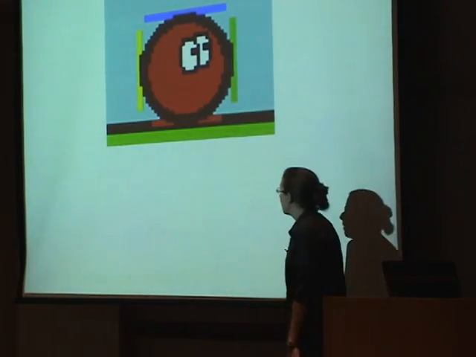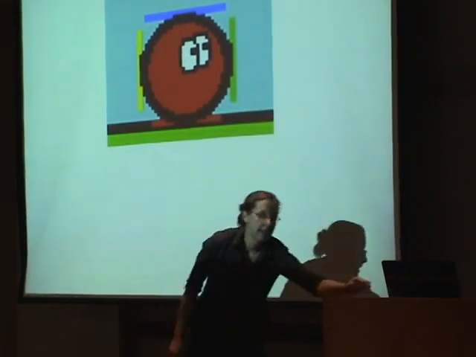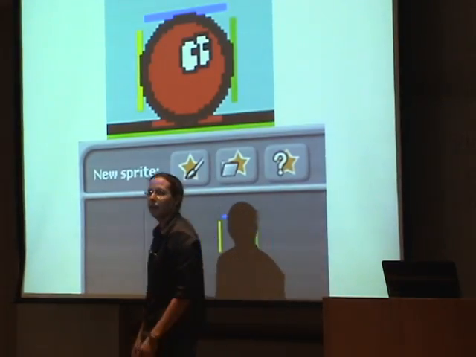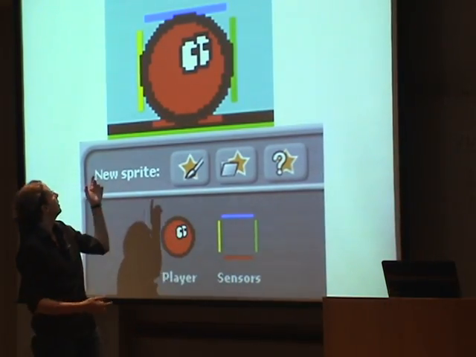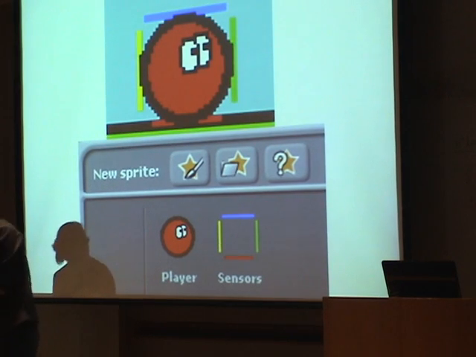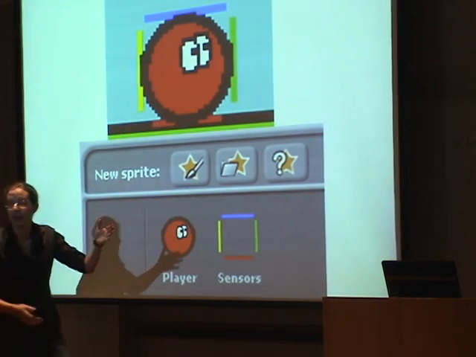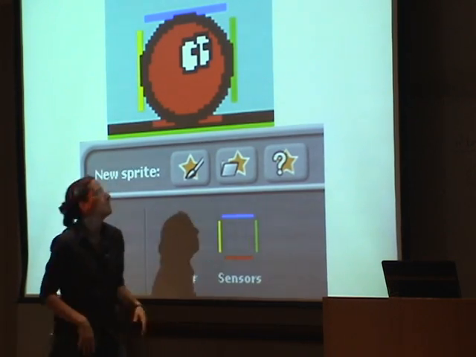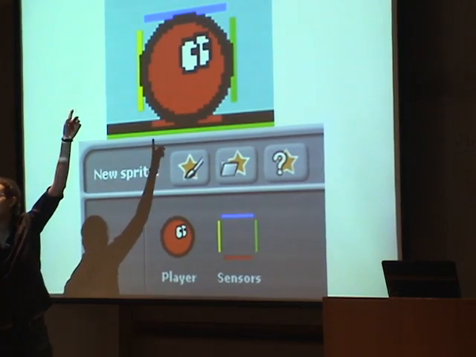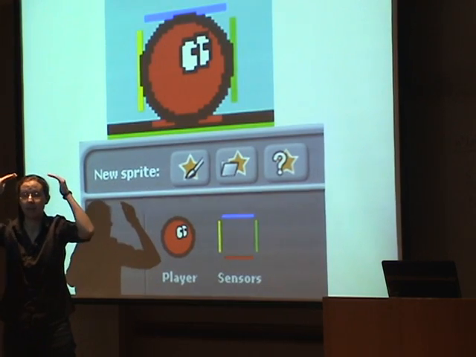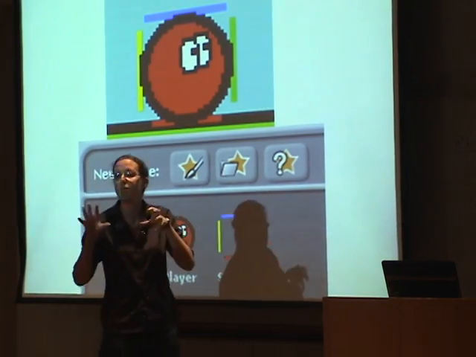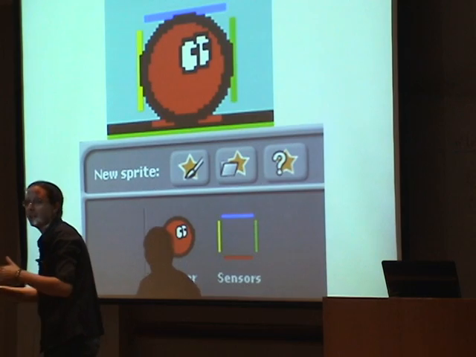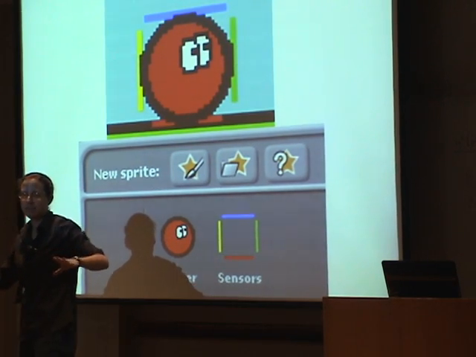So then I can say, well, if yellow is touching a black line, then that means I can't walk right anymore. And if green is touching a black line, that means I can't walk. I mixed up the directions, but you get it. Or if blue is touching a black line, that means I've hit my head on something. Okay, so each of these lines separately can tell me in which direction I can no longer progress. Okay?